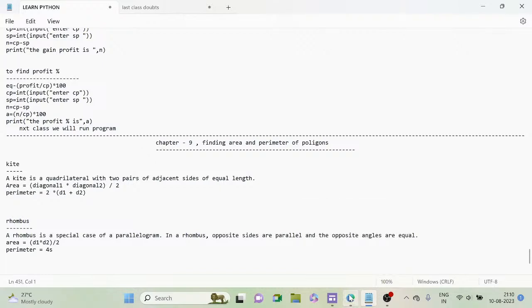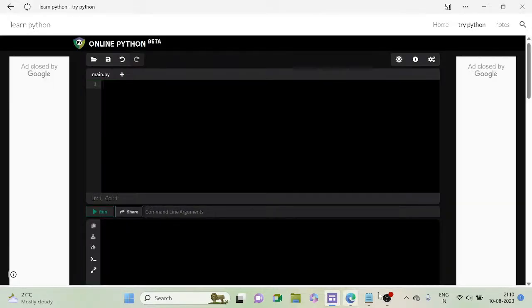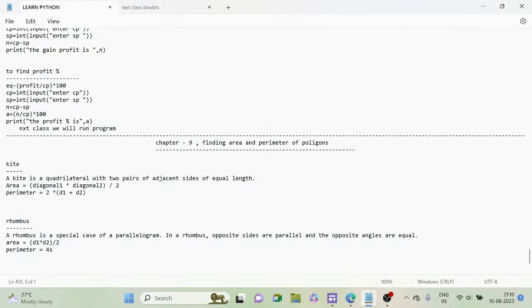So, I was telling you about the doubts. Some are sending simple doubts, like why we are putting the bracket here, because it's the inbuilt pattern of Python. That type of small doubt you can send, no problem. And they ask why my doubt was not discussed in the class.